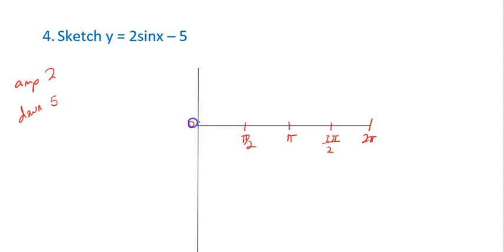Again, think about your sine graph. Normally we go up to 1 and down to -1. But if I move my midline down 5 and I have an amplitude of 2, I'm going to go 2 below that. So I'm going to go all the way down to -7 with this graph. And so I need to make sure I have enough labels on my y-axis to hit that number.